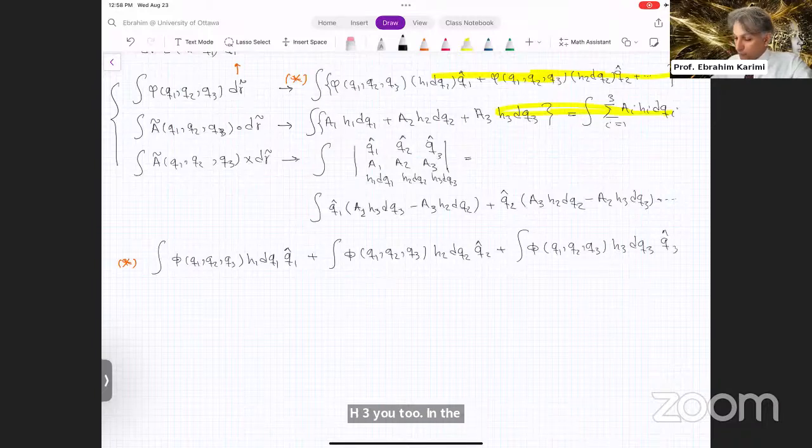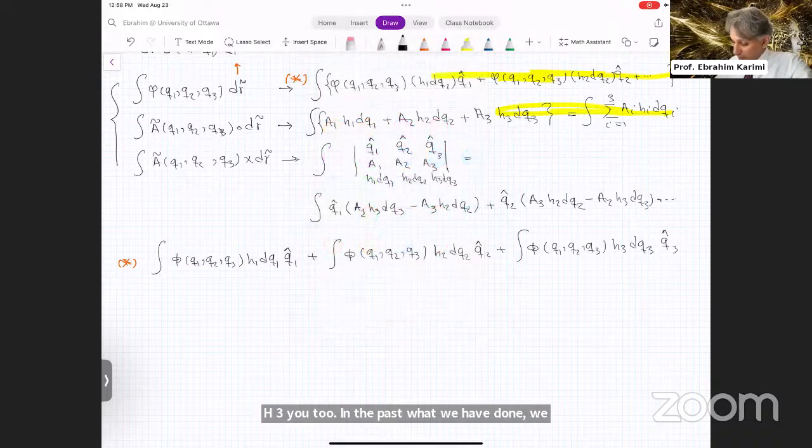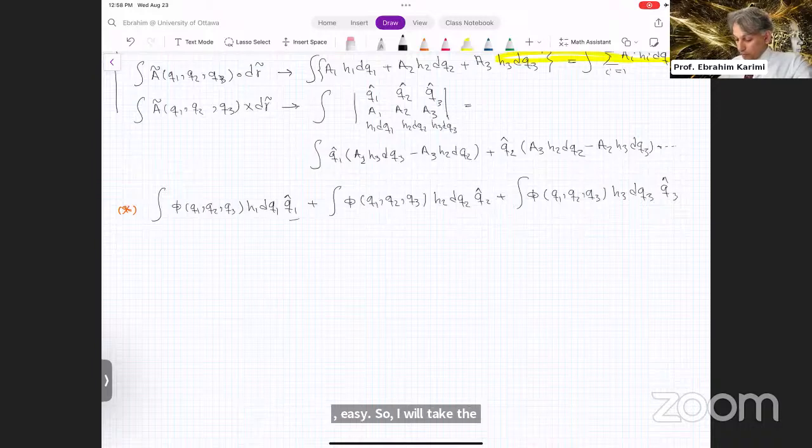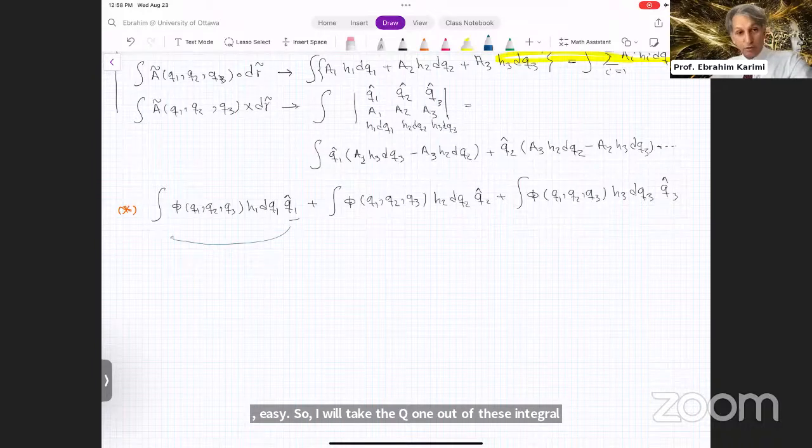In the past, what we have done, we say, okay, easy. I will take the Q1 hat out of this integral because it's a constant, and I will do the integration, and very likely also H1 will be a constant. This is not true here.